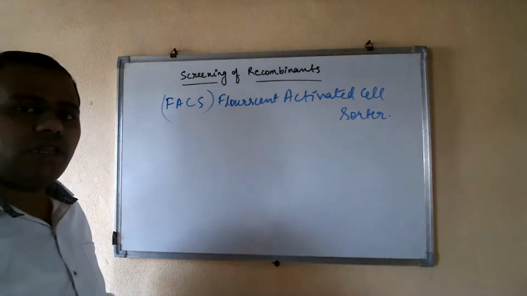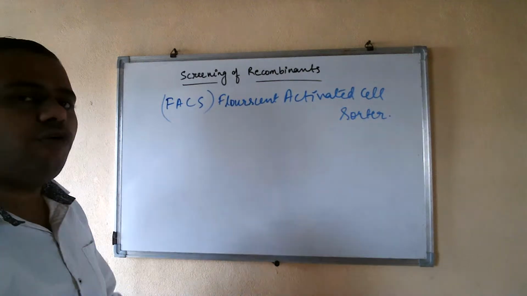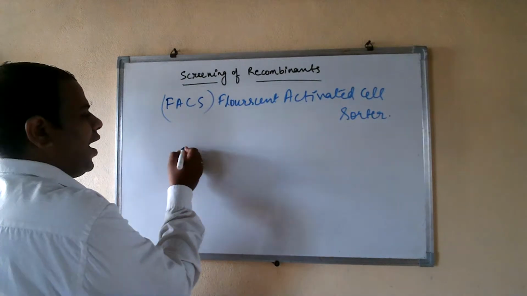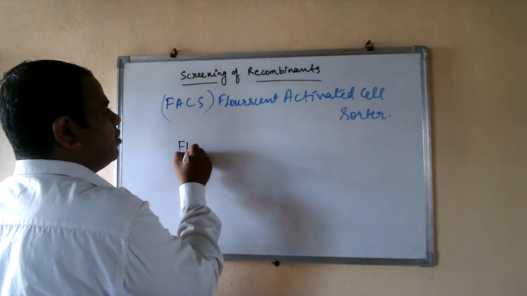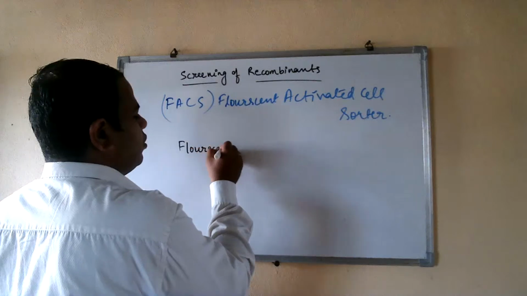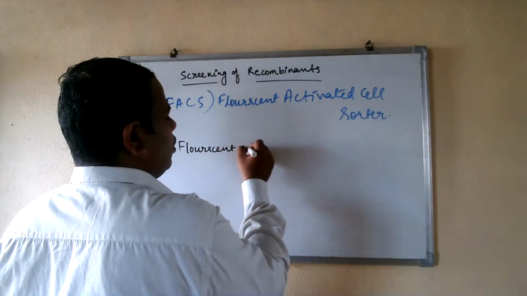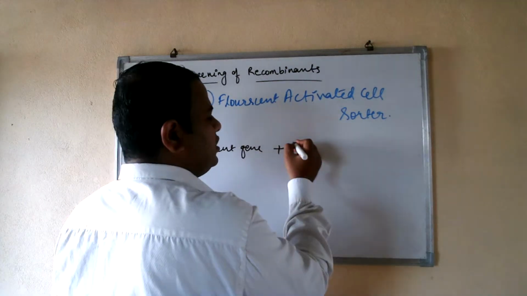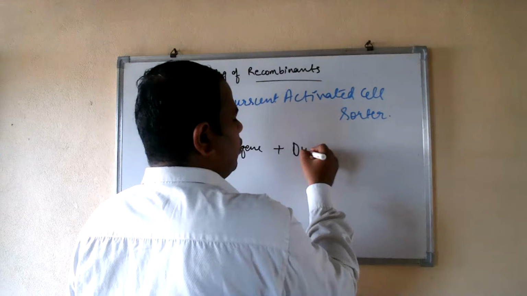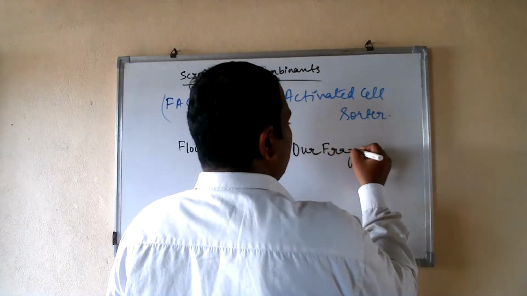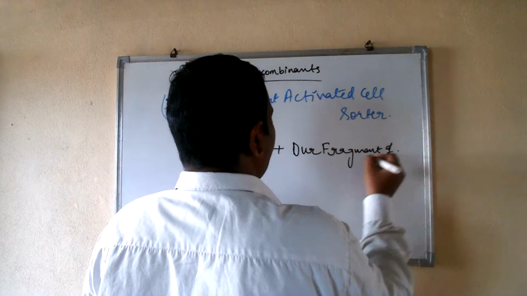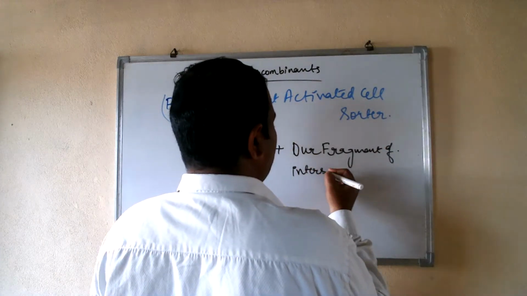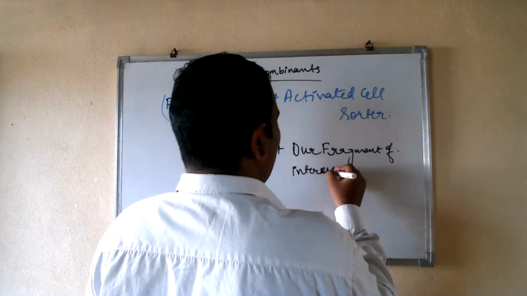So what we are going to do is add a fluorescent gene, the fluorescent gene plus our fragment of interest.